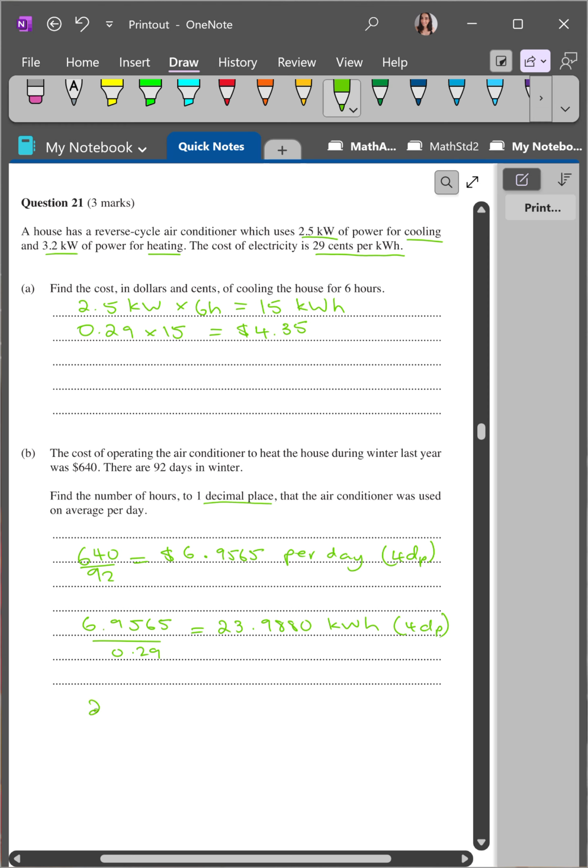So we will go 23.9880 divided by 3.2 for heating. And this equals 7.4963 hours to 4 decimal places. But they're asking for 1 decimal place, so that's going to equal 7.5 hours to 1 decimal place.